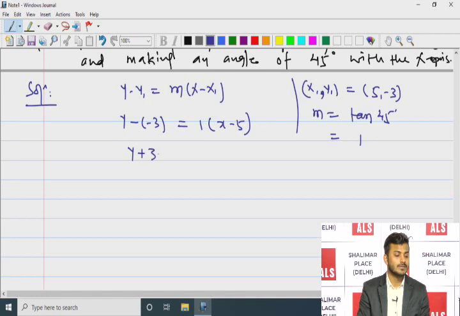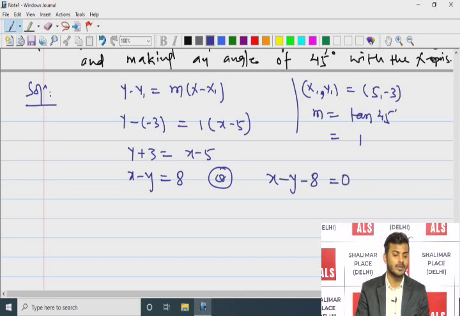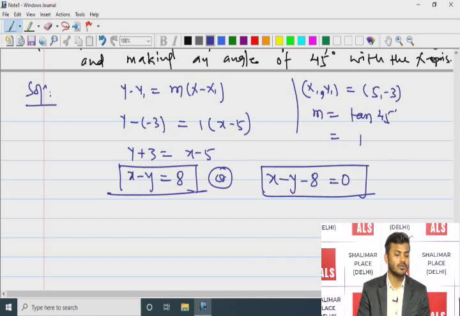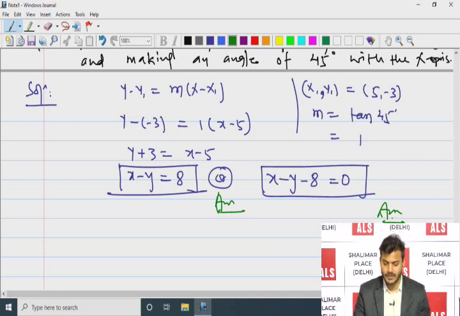So y plus 3 equals x minus 5. If you were to solve this, you will get x minus y equals 8. Or if you were to take all the x, y, constant together on one side, it will be x minus y minus 8 equals 0. That's your answer. Okay, this is how we solve this kind of problem.